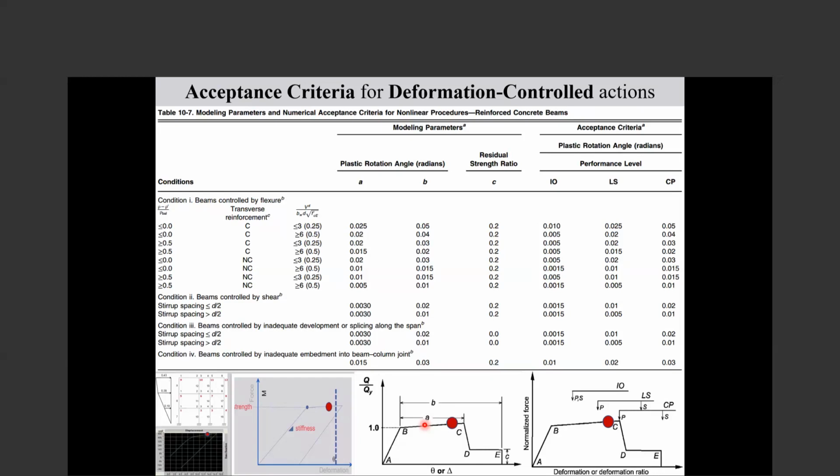So some of the acceptance criteria and some of the modeling criteria for new buildings and existing buildings can be different, but the general body of the approach is the same. For example, we saw that in the formulation for target displacement for new buildings, we don't need a coefficient that takes care of the effect of deficiencies in the modeling.